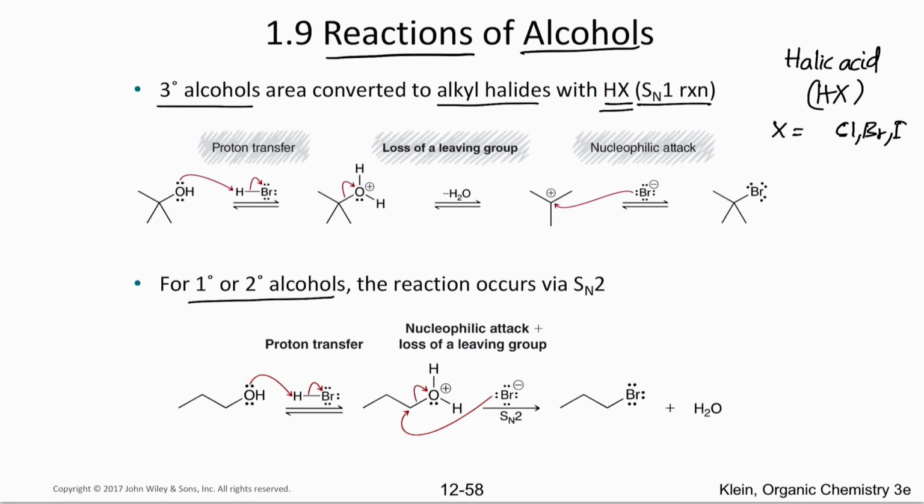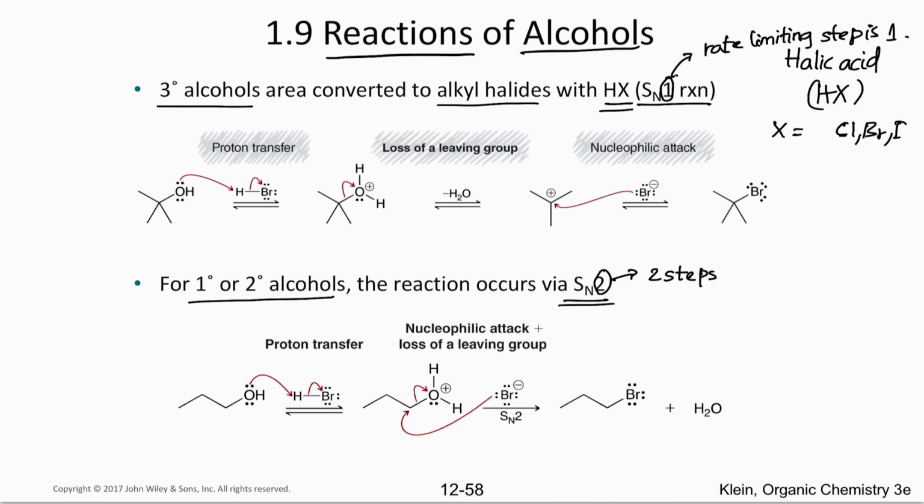For primary and secondary alcohols, the reaction generally occurs under the SN2 mechanism. In SN1, the 1 represents that only one step limits the rate of the reaction. In SN2, there are two steps.